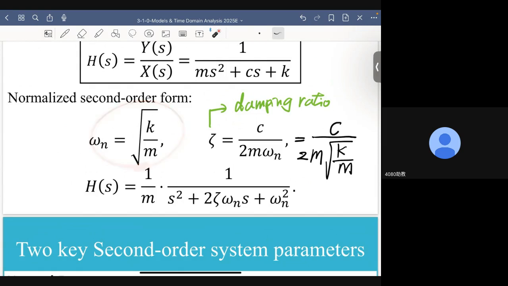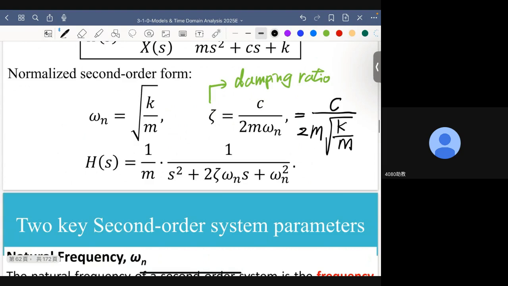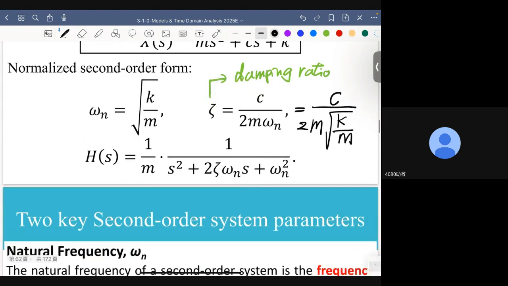So if this is the case, then my damping ratio is actually C divided by 2, and then divided by the square root of the product of M and K, right? So the damping ratio is actually inversely proportional to the square root of inertia and spring constant.